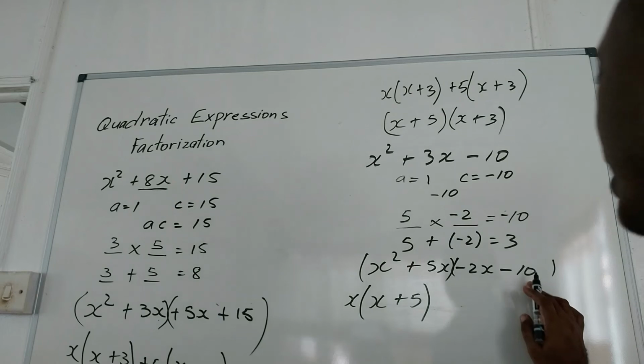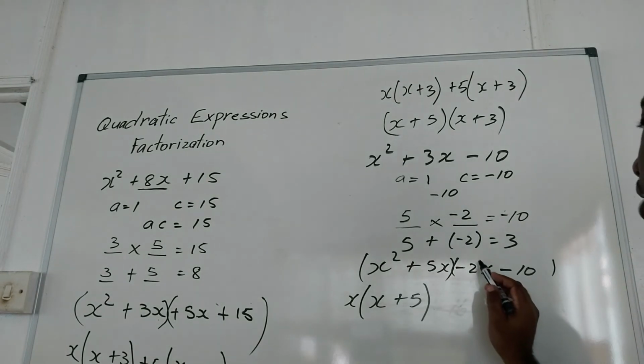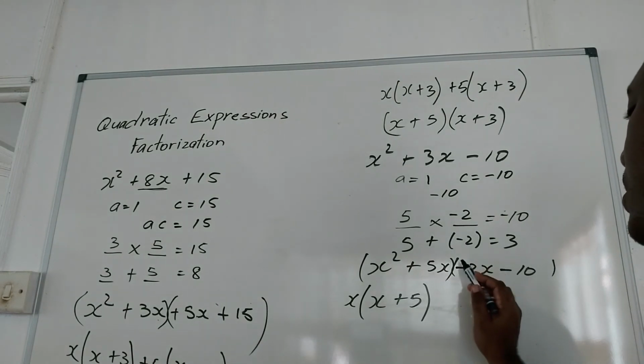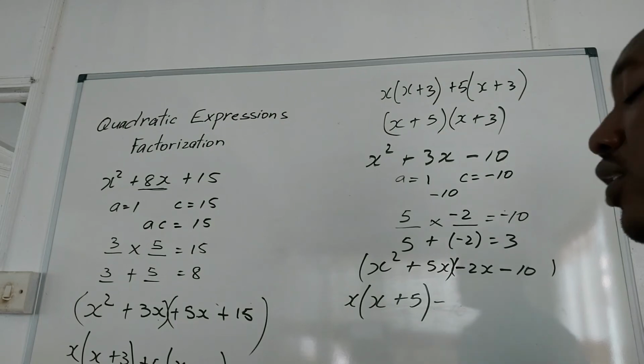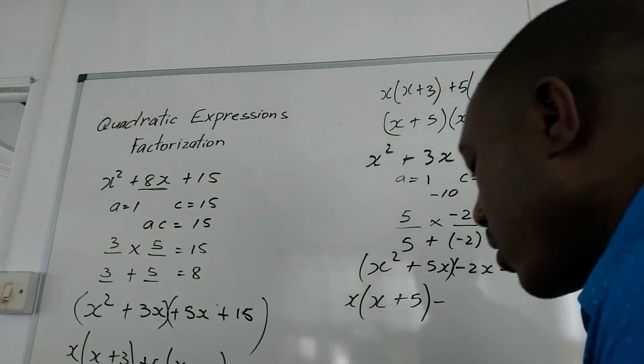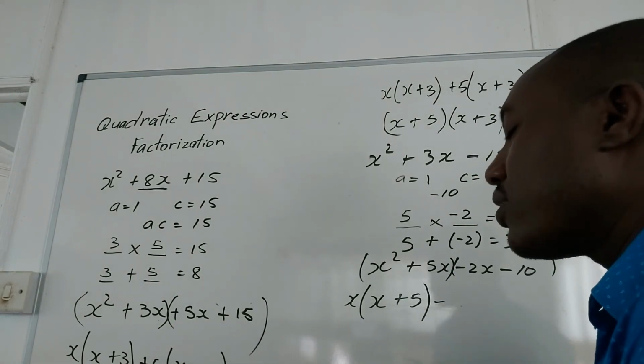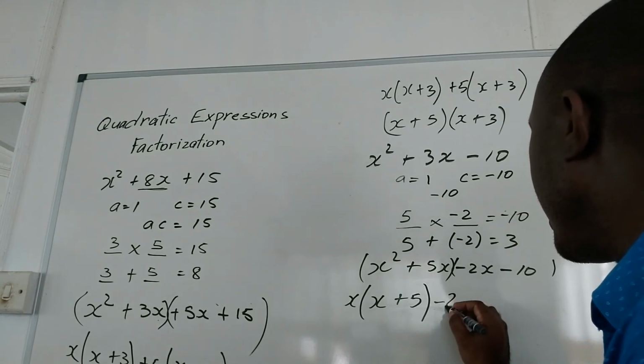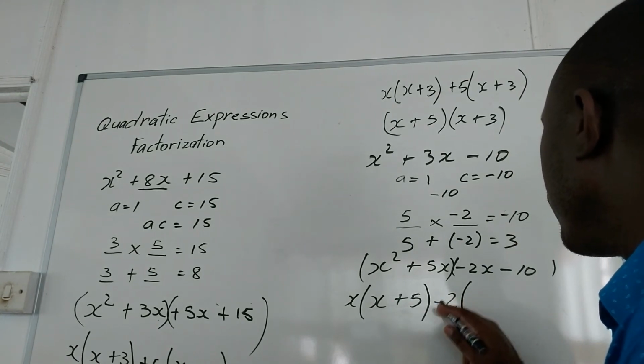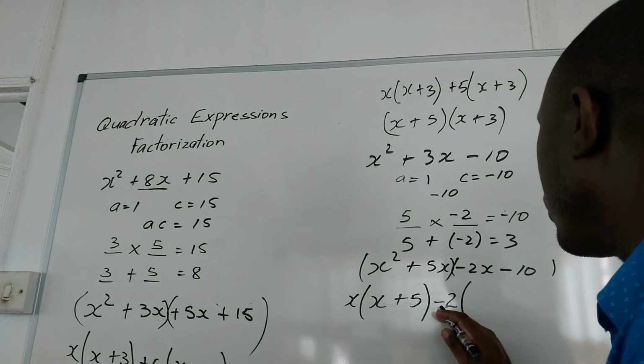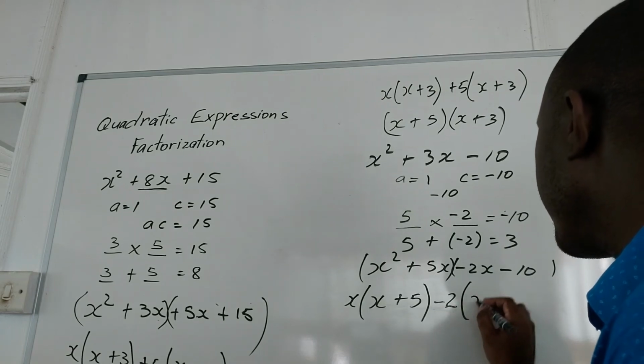Then for our common factor here, if the coefficient is negative, the factor must be negative. So we take negative 2. Negative 2x divided by negative 2 will give us positive x.